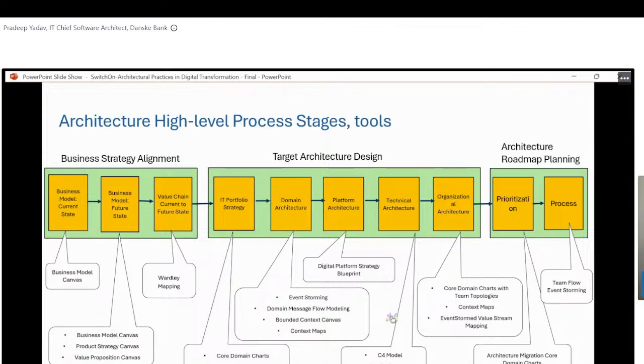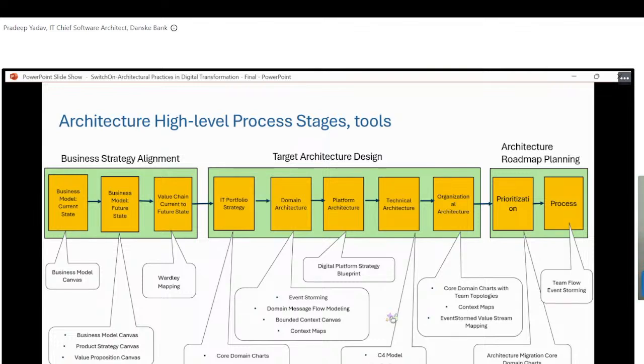These are the tools we are using for the stages: business model canvas or Wardley mapping for defining the value chain from current to future stage; for domain architecture, event storming, and bounded context map or canvas we keep using. For technical architecture, we stopped using the component diagram.